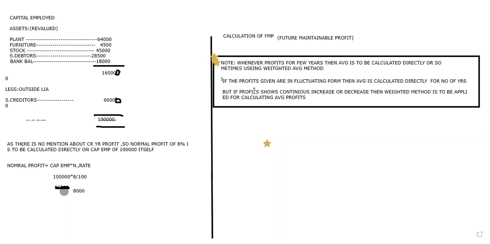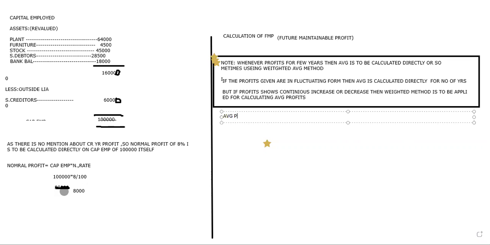Is it increasing or decreasing? It is fluctuating. So when it is fluctuating, we directly calculate the average. But if the profit shows continuous increase or continuous decrease, then weighted average. That is what he said, and we have to follow it. So that's why now I'm finding out the average profit directly. I'm not applying weighted average.